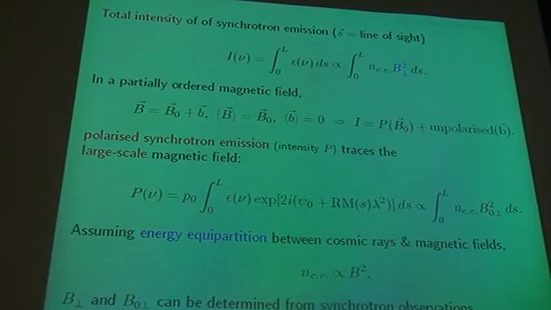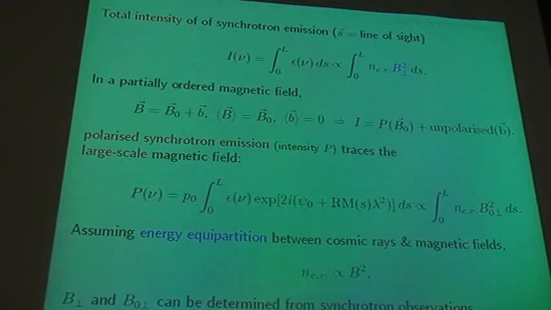Just because if I have a telescope beam, and there is a large-scale magnetic field which is uniformly directed across the beam, of course I will observe polarized emission with this plane of polarization. If otherwise, within my beam, there are many turbulent cells with different orientations of the field, obviously here the polarization will be cancelled completely. And this sort of medium will emit unpolarized emission.